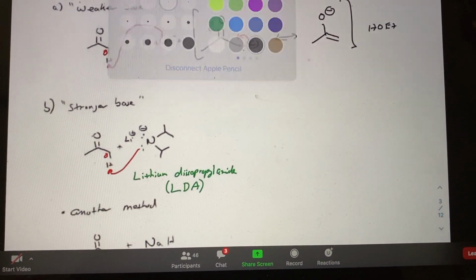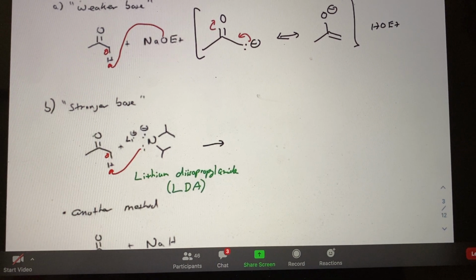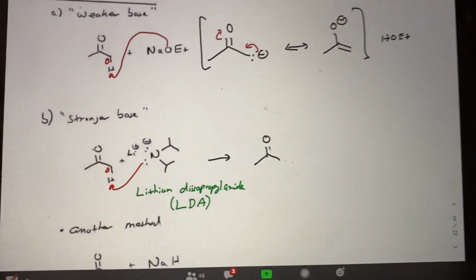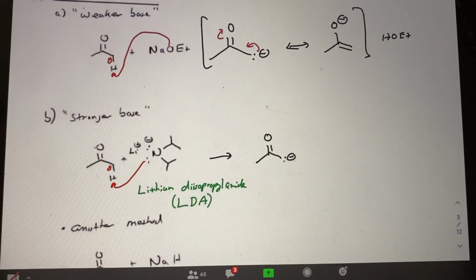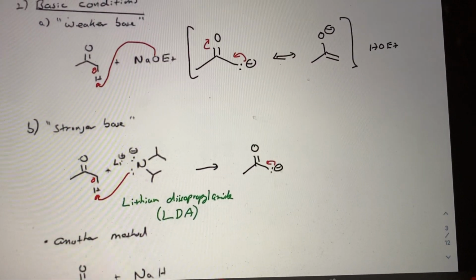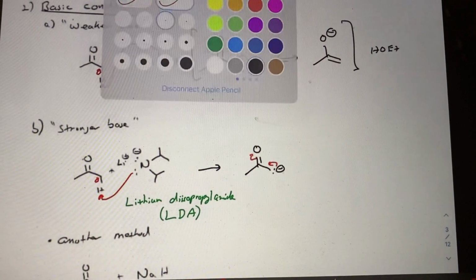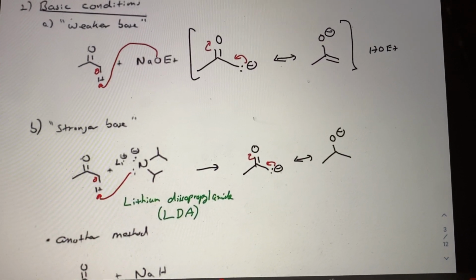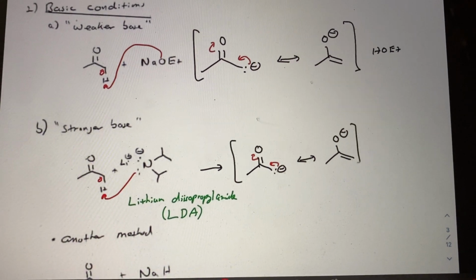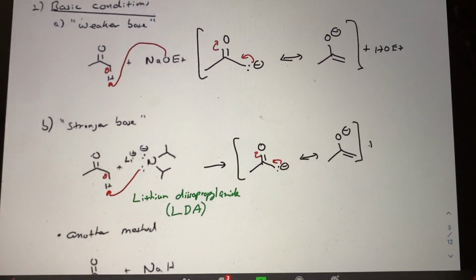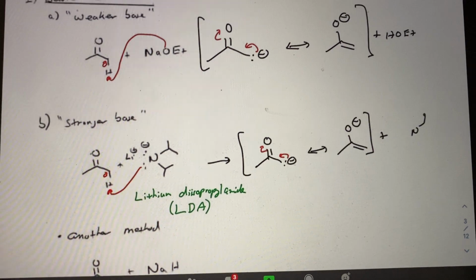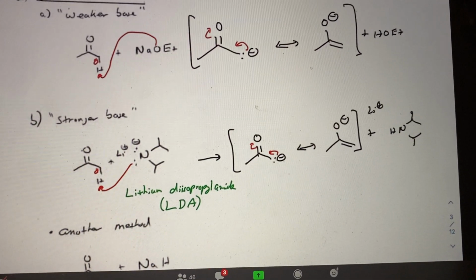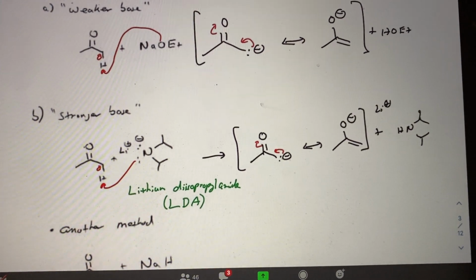Mechanistically it's the same idea, same idea with the resonance structures. So we generate our enolate ion, plus we'll have diisopropylamine, and lithium would be coordinating to the negative charge.